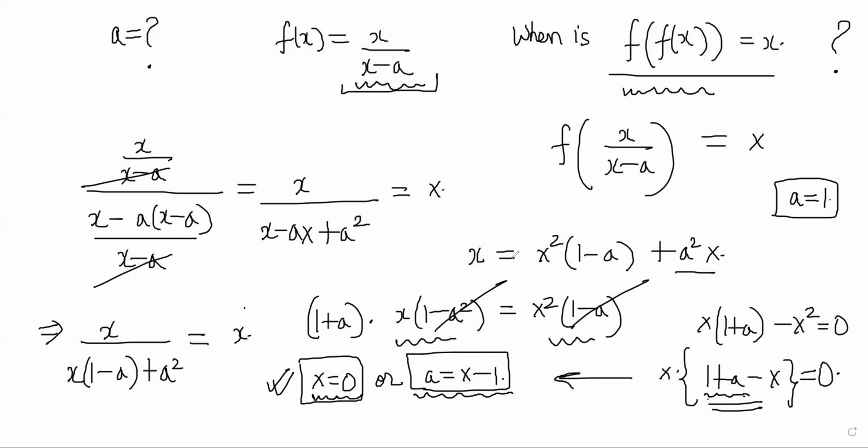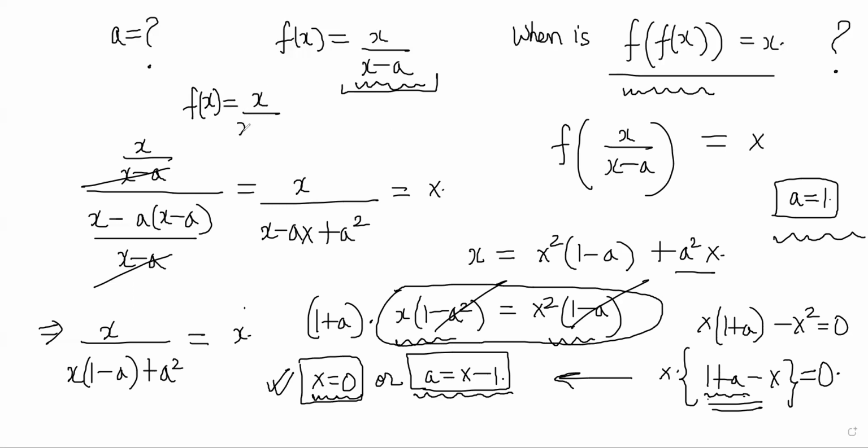So the only way in which this could have happened is the first case where a was 1, in which case both sides were becoming 0, right? So the function for which this result is true is x by x minus 1. You can see that for x by x minus 1, f of x will be the same as x.